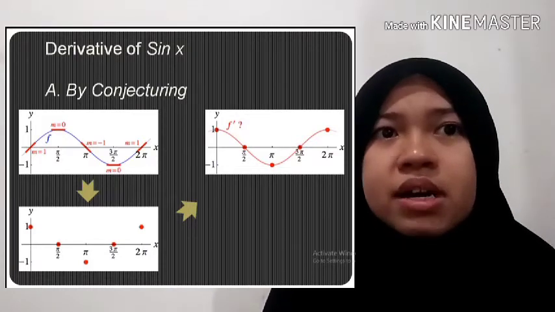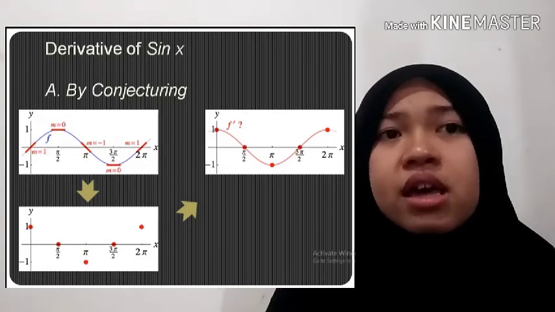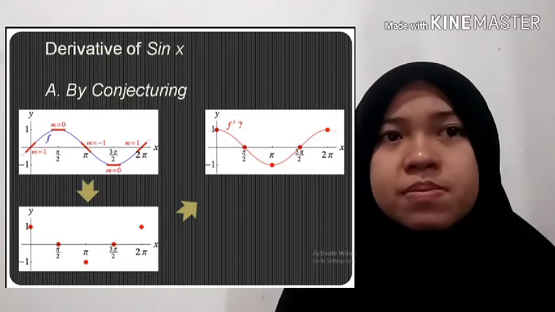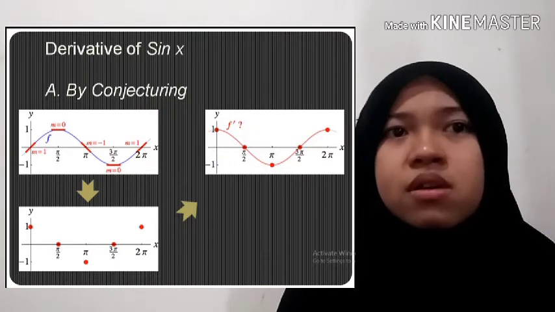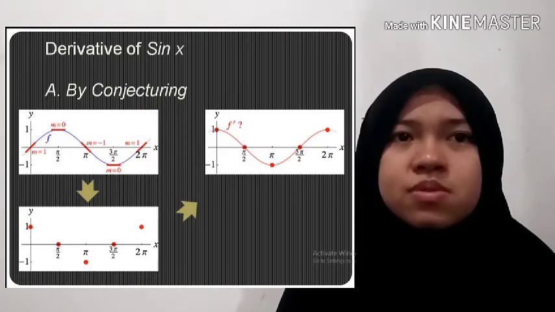Why? By using the definition, we know that the limit as h approaches 0 of the function f of (0 plus h) minus f of 0 all over h, then we will get the slope is equal to 1.